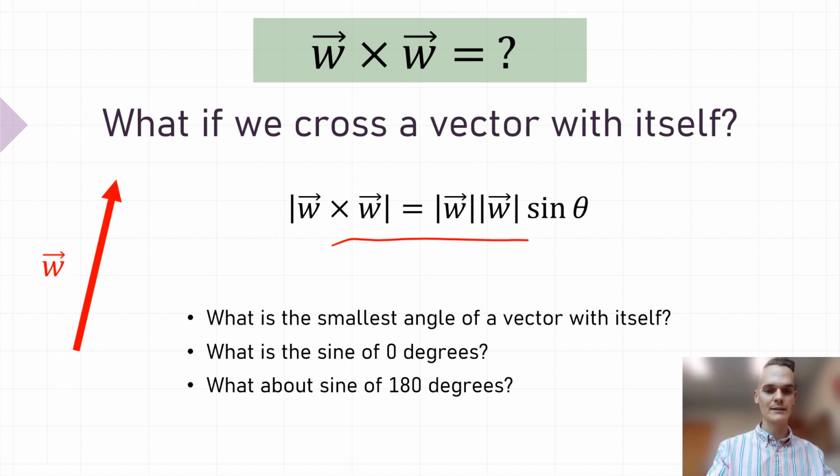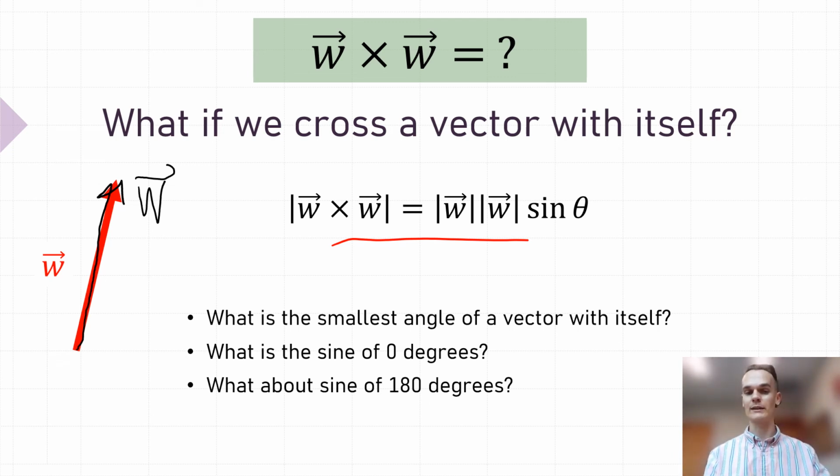What happens if I redraw vector W tail to tail with itself, in a different color here? We want to see if it forms a parallelogram so that we can determine what the magnitude of the cross product is.